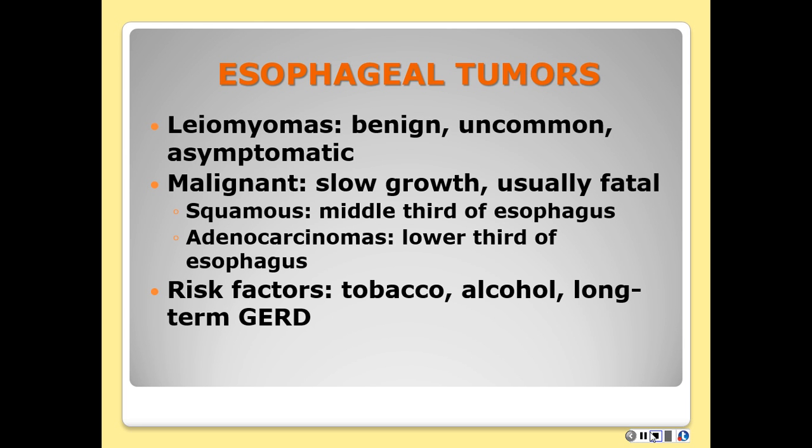You sure can. My uncle had this, and the way they found it is he had a spot on his liver. He was having chronic pain here. And so when they did the CAT scan, they found the spot on his liver.